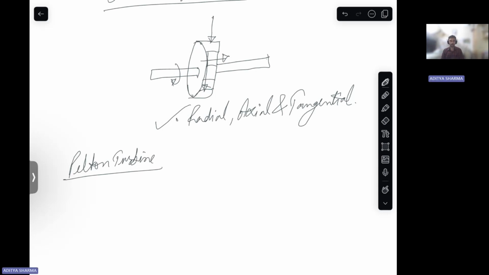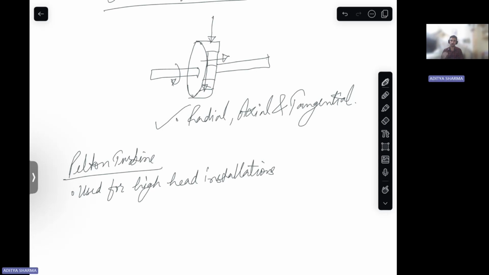So you see Pelton turbine. First of all, it's an impulse turbine, right? So this is used for high head installations. Now, what is head? Head basically is the height up to which the water has been kept upstream of your dam.